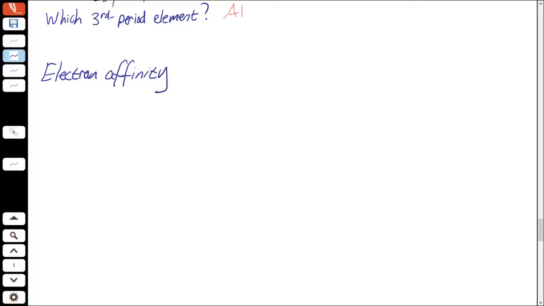Electron affinity is the next one we're going to look at. Be a little careful with this one. It often gets confused with electronegativity, which is something we'll talk about in the next chapter, and it's a little bit different.